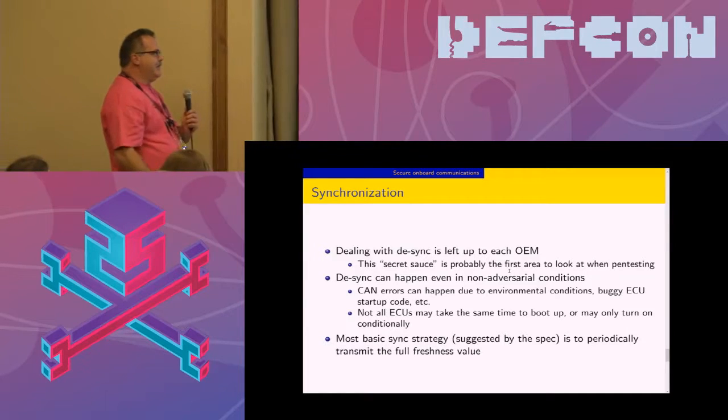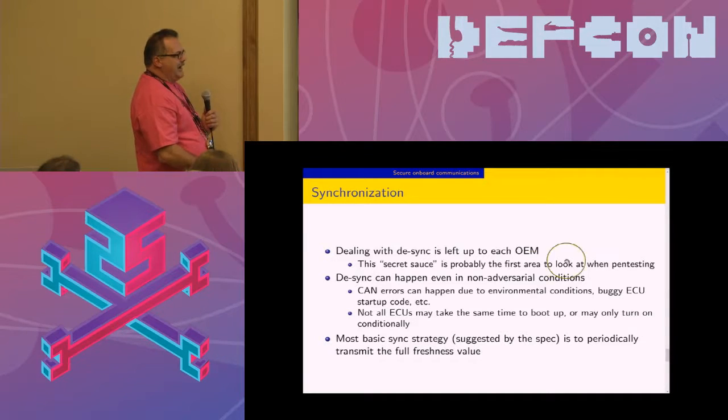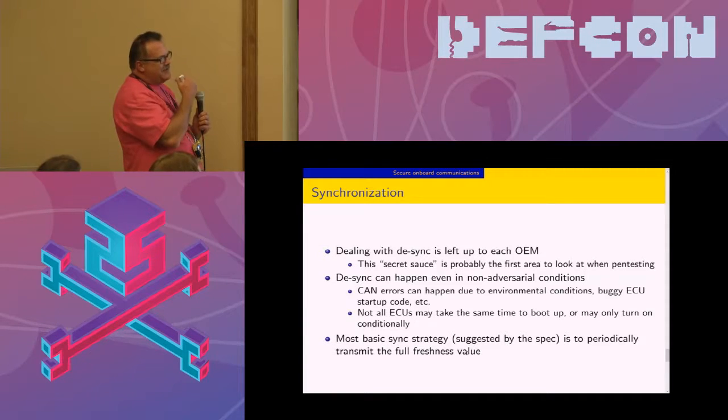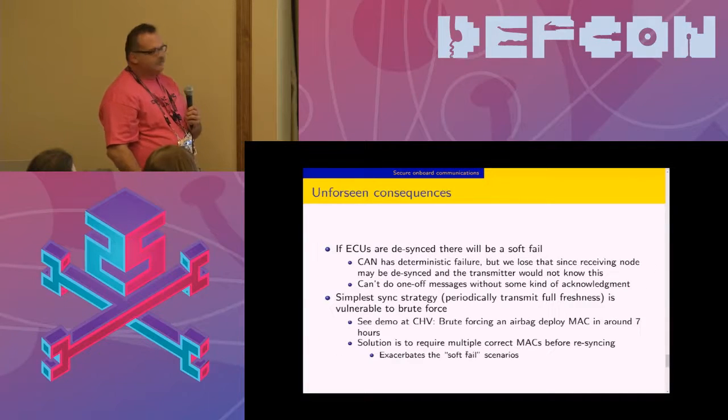Even when you're cranking a vehicle, certain things happen on the bus and things get out of sync. It just happens. So this right here about periodically transmitting that full freshness value, if you're pen testing, I suggest you start looking at that. That's a good place to look. You just think, if I were them, the easiest thing for me to do would be to periodically transmit it, okay?